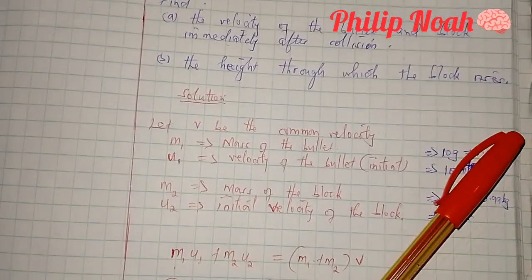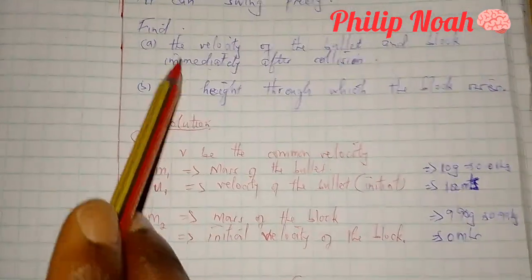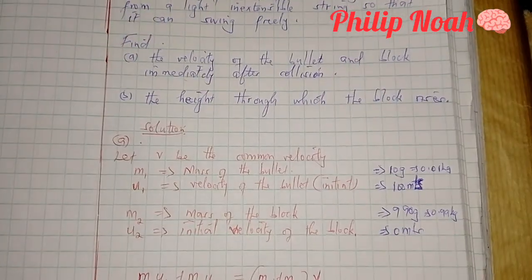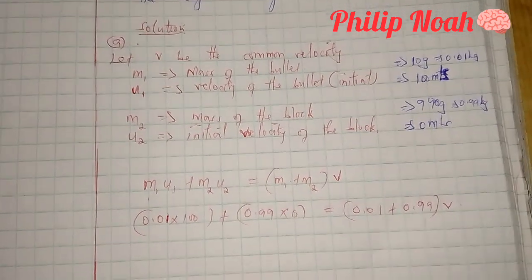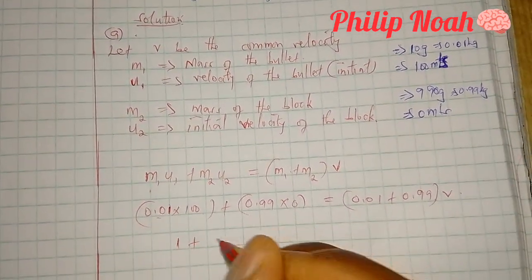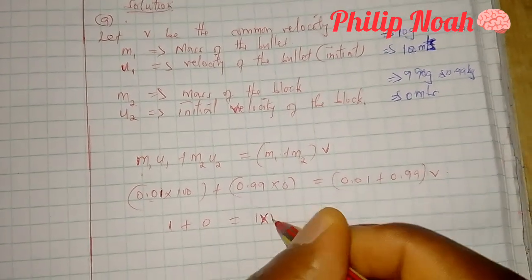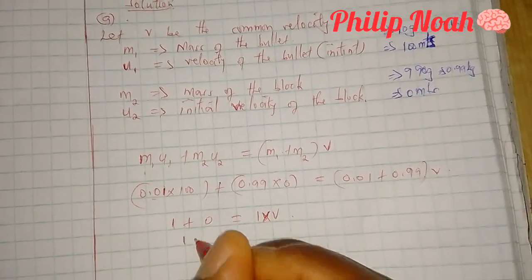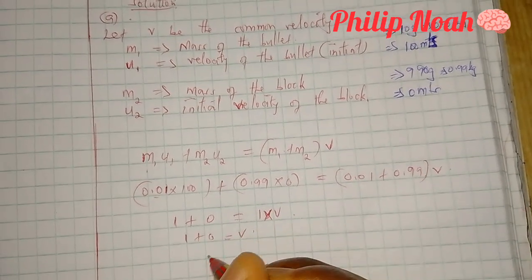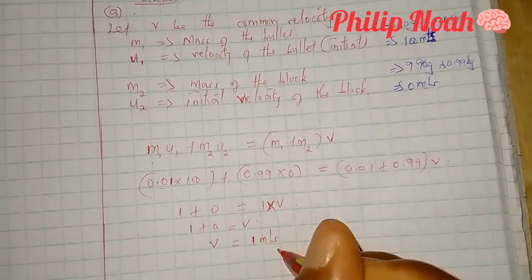This gives 1 plus 0 equals 1 times v. So v is equal to 1 meter per second.